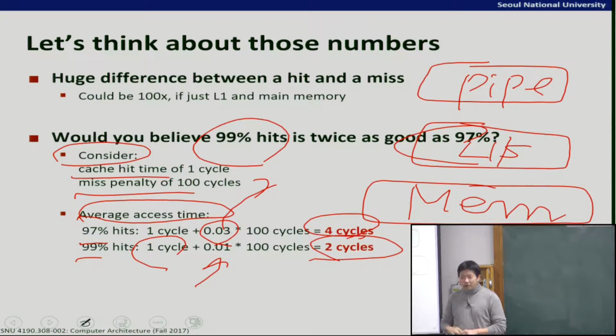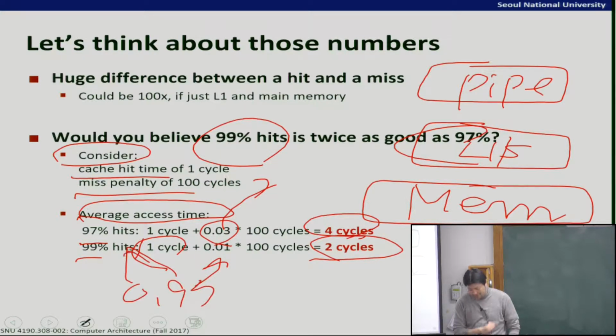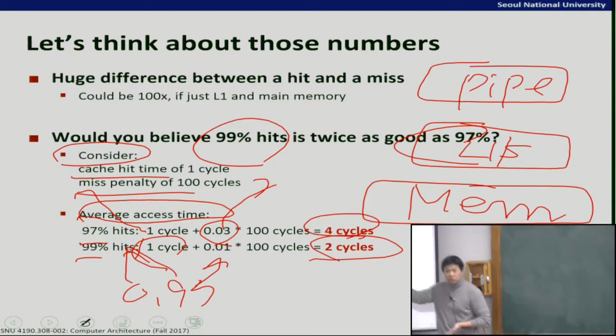Then maybe if you have sharp eyes, you may ask the question, why shouldn't there be a 0.97 factor here, and a 0.99 factor here? If you really want to calculate the weighted sum, like 99% takes one cycle, 1% takes 100 cycles, then shouldn't there be a 0.99 and 0.97 factor in the first term?